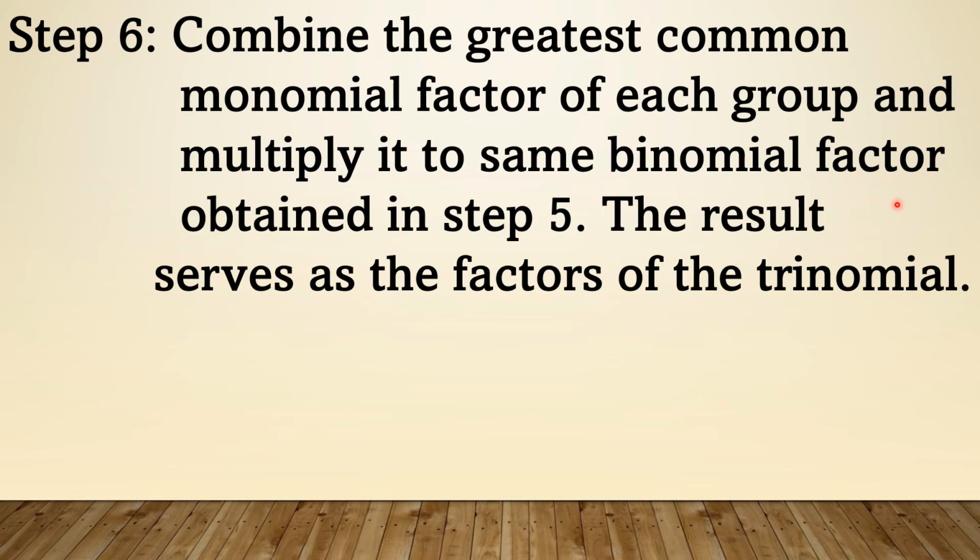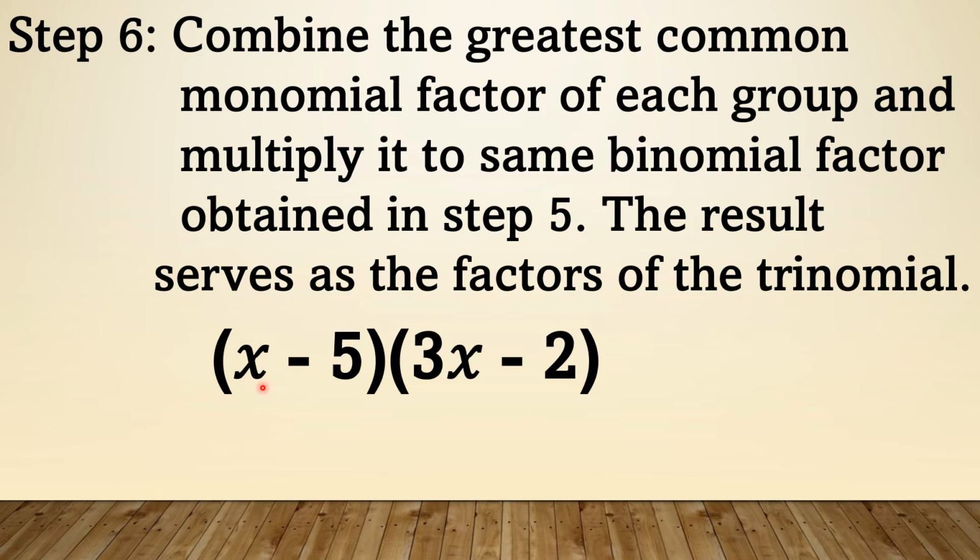For step 6, we are going to combine the greatest common monomial factor of each group and multiply it to the same binomial factor obtained in step 5. So the result serves as the factors of the trinomial. So in step 5, the common monomial factor of each group is x and negative 5. So we are going to combine that, and that will be our first factor.